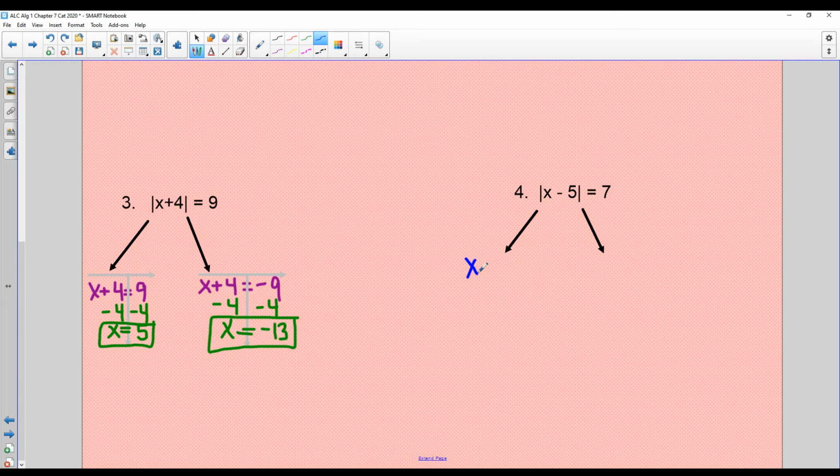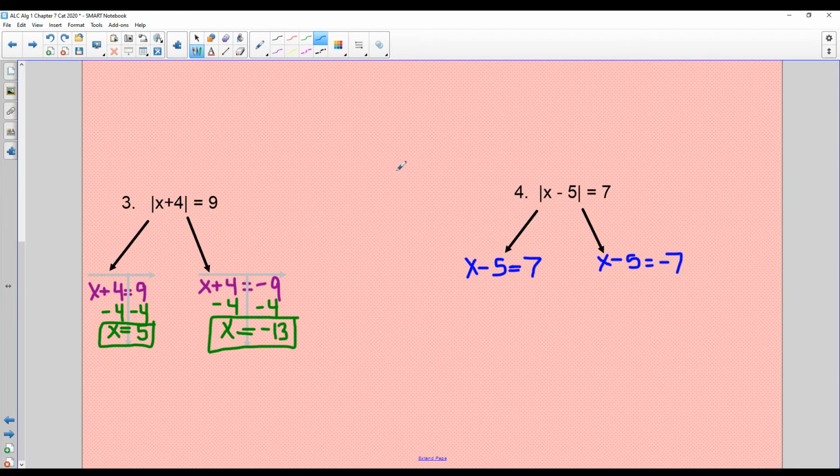X minus 5 equals what? And x minus 5 equals what? What are we going to put in this first spot? What are we going to put in the second spot? Answer is 7 and -7.